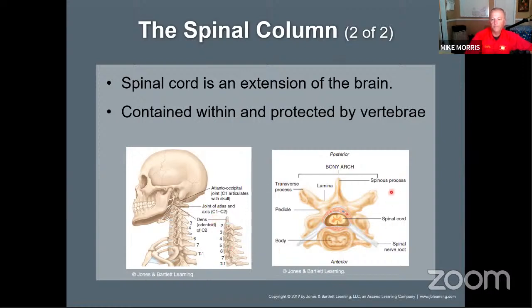I think it's important to understand how the spinal cord is protected here. Okay. So this is basically the inside of a vertebrae. You see your spinal cord here.